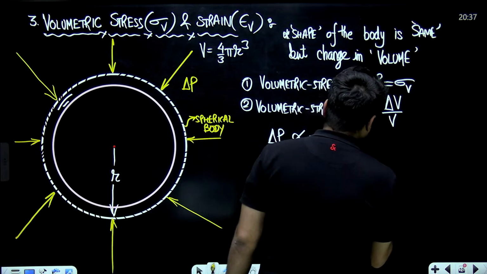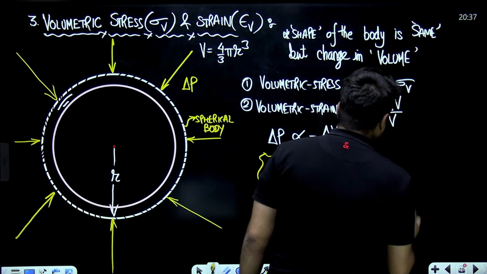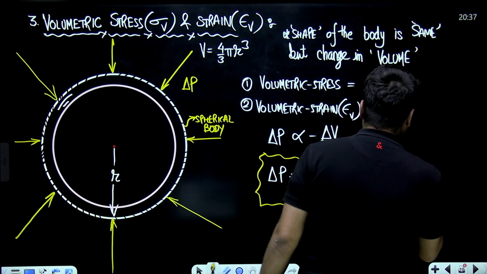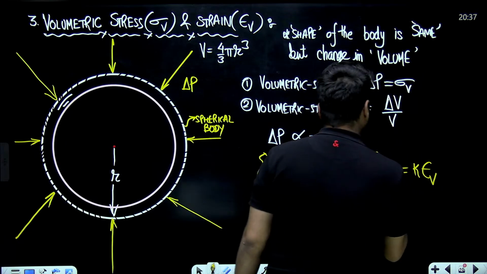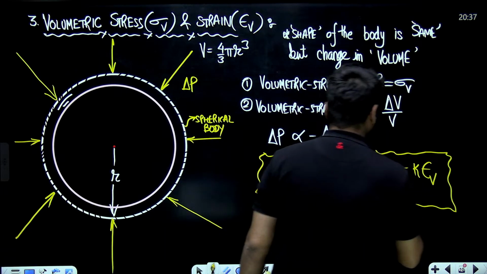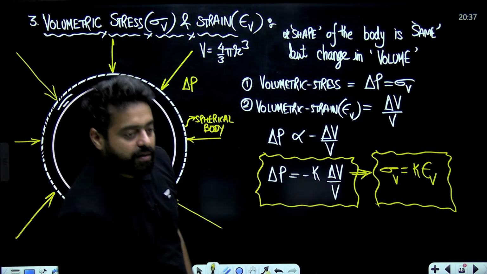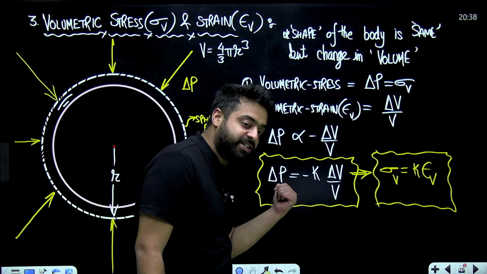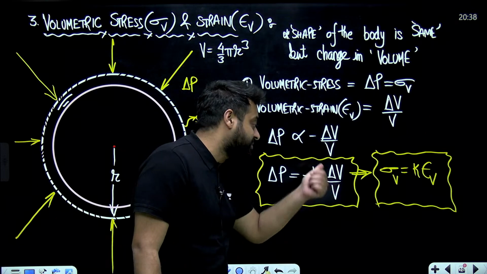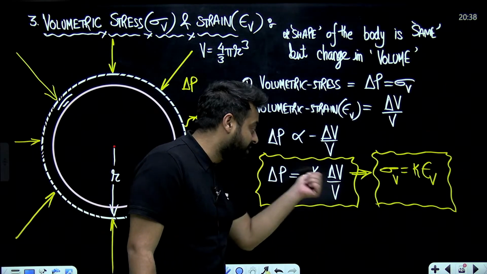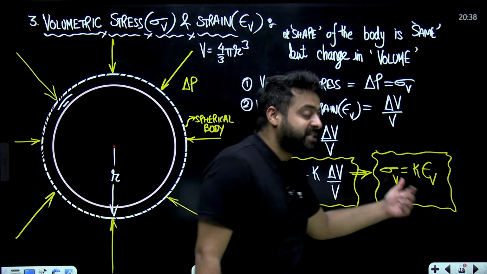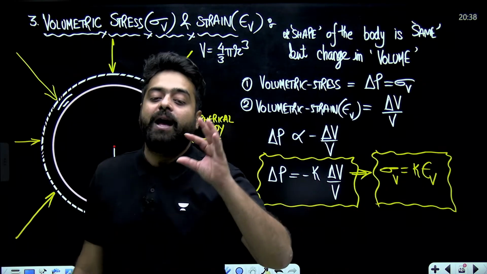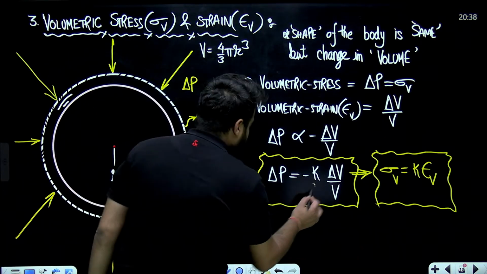You can use the same form here too: sigma V, the volumetric stress, is equal to K times epsilon V. Why am I not putting minus here, and why am I putting minus there? When you apply a pressure change, there is a change in volume which decreases the volume. In this condition, that's why I am putting minus, so that it remains plus. In the general form, the stress according to the change in volume needs to be positive only.